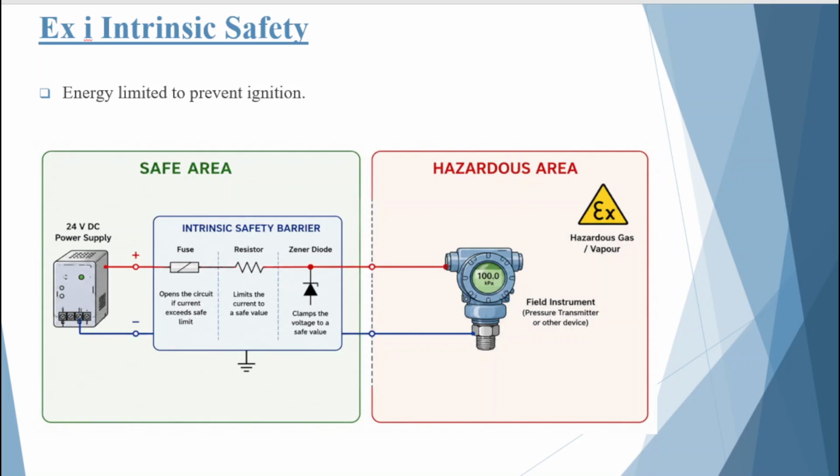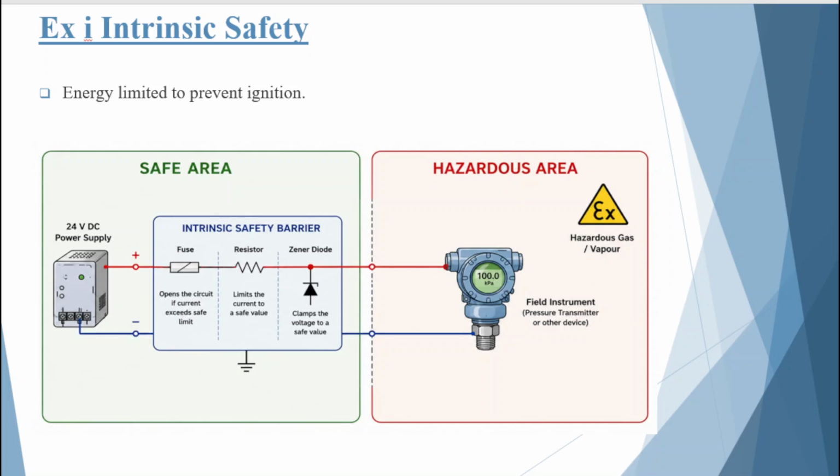One of the biggest advantages of XI equipment is that maintenance and testing can often be carried out without completely shutting down the plant, provided the appropriate safety procedures are followed. This helps reduce maintenance time and improve plant availability. However, XI protection is generally used for low-power electrical circuits.